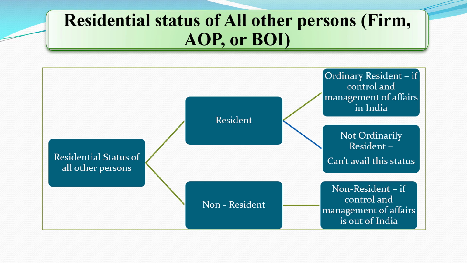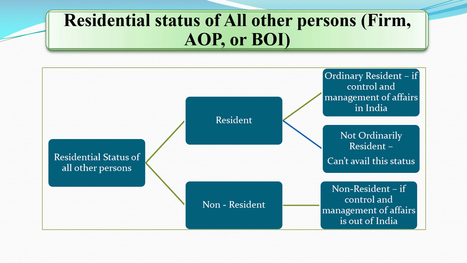Now comes the residential status of all the other types of persons, such as firm, AOP or BOI, association of persons or body of individuals. First of all, these remaining persons will avail two statuses: they may be resident or they may be non-resident. These persons will not avail the not ordinary resident status. So it is very simple.